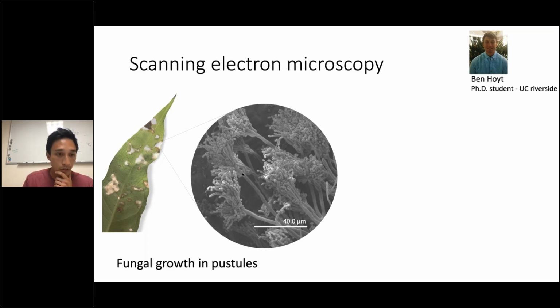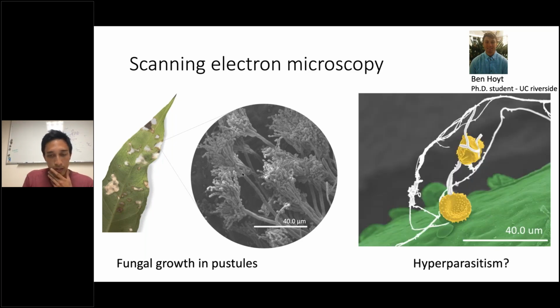This is an example where we saw a bunch of fungal growth within the actual pustules. We isolated that fungus, and we also saw some interesting interactions with hyphae wrapping around some spores of Myrtle Rust, so we were interested in that as well.